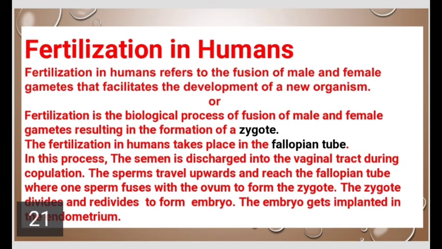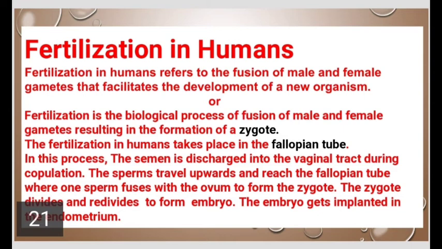Fertilization in humans. In humans, fertilization refers to the fusion of male and female gametes that facilitates the development of a new organism, or it's a biological process of fusion of male and female gametes resulting in the production of a zygote. Fertilization in humans takes place in the fallopian tube.